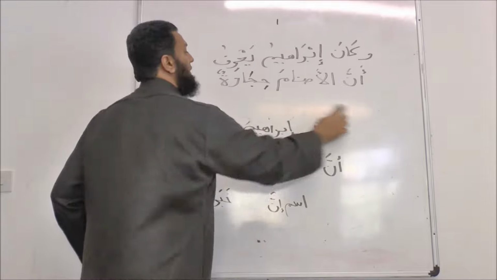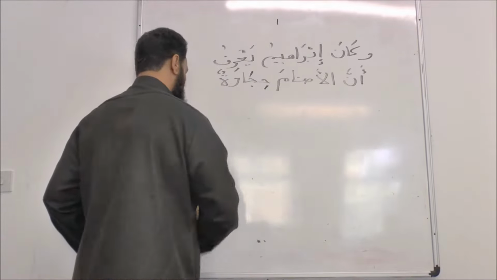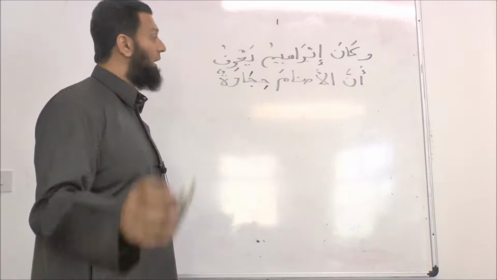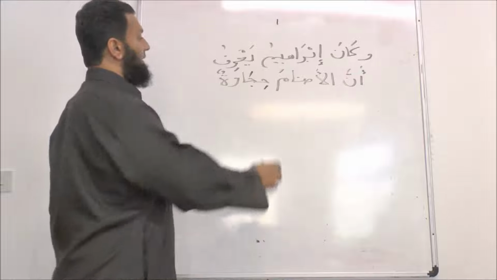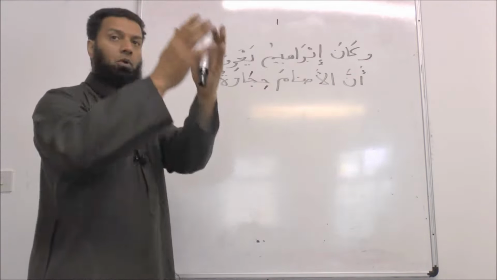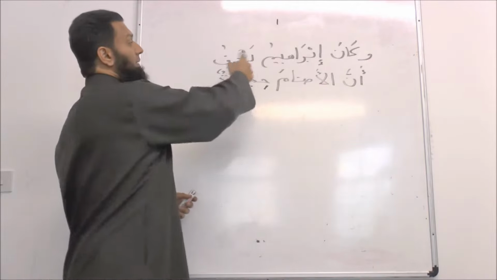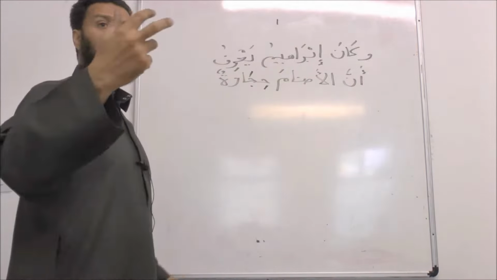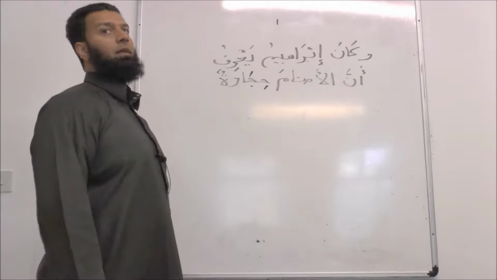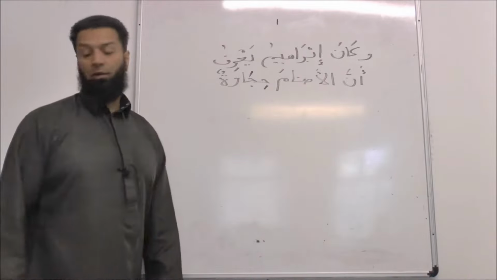A jumlatul ismiyya. See, it's becoming easier, inshallah. Because you're recognizing that one sentence is sometimes comprised of an additional sentence which itself can be broken down into an additional one.